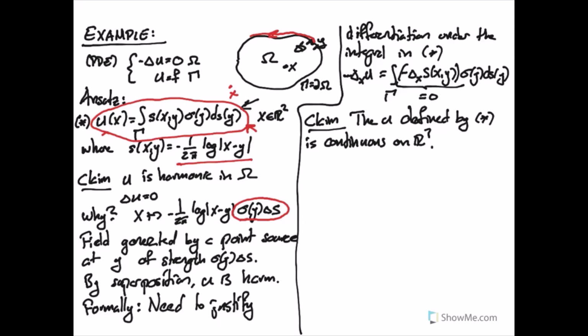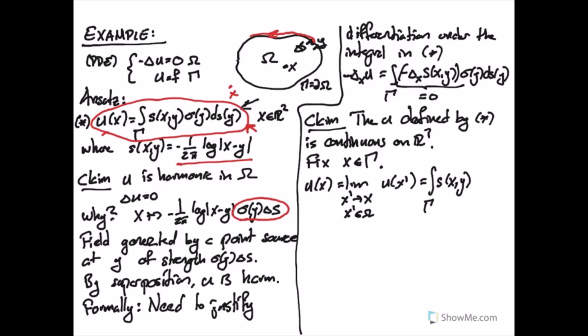So in particular, what I should say is that if you fix an x on the boundary, then u at x is just the limit as x prime converges to x, for x prime inside omega, of u of x prime. And this is given by exactly what you would expect.